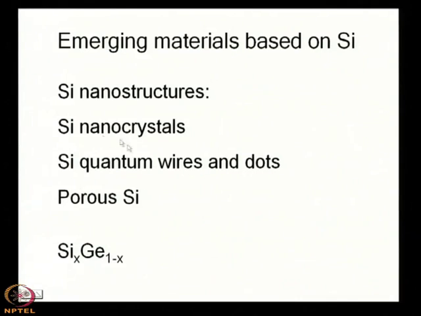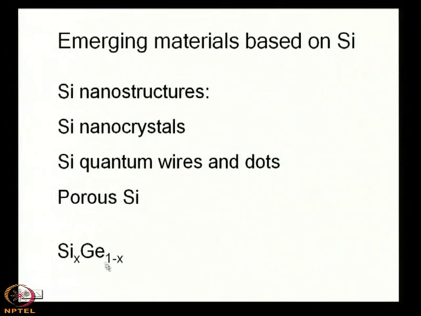Because of these things, using silicon people have been trying to obtain different kinds of properties which are not there in bulk silicon, like its application in optoelectronic materials. That is not possible in bulk silicon or crystalline silicon. That is why people have been trying silicon nanocrystals or silicon quantum wires and dots or porous silicon.